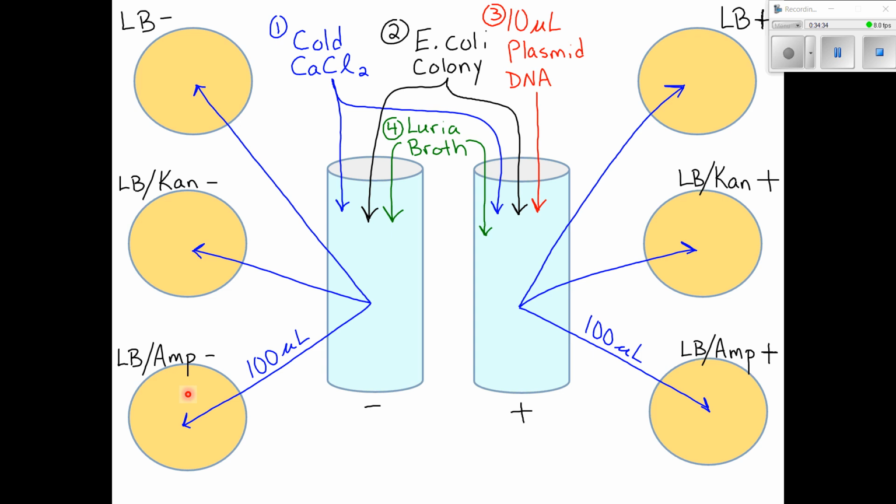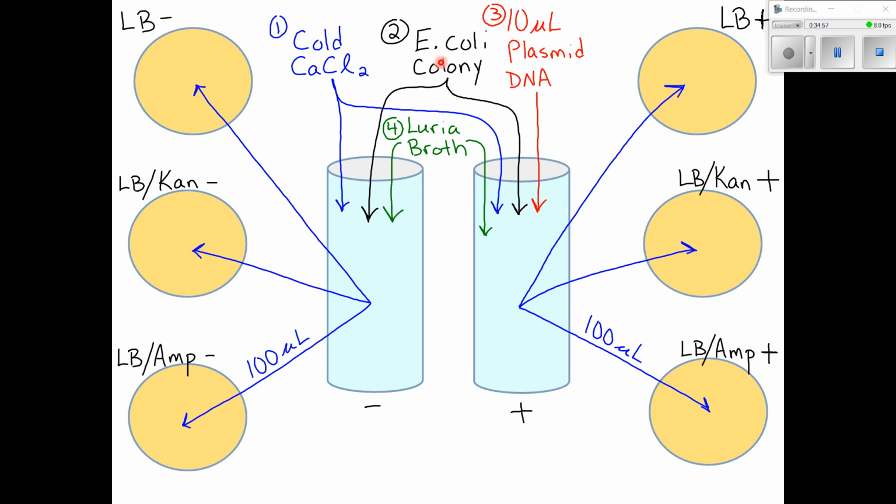Now you're going to have bacteria growing in test tubes that are labeled plus and minus. You'll see what plus and minus is all about in just a minute. In each test tube, you're going to introduce a small amount of cold calcium chloride, which is the liquid that will be suspending the cells.